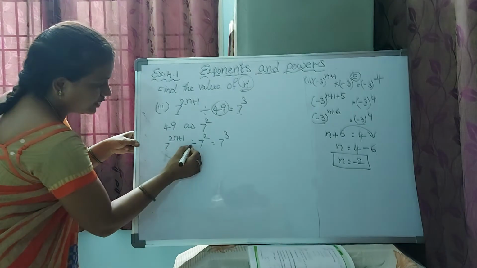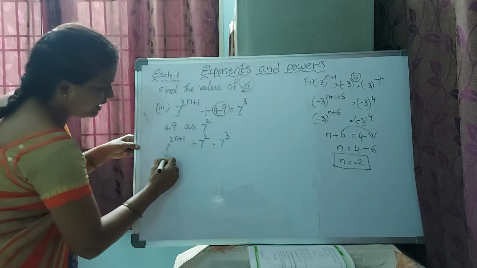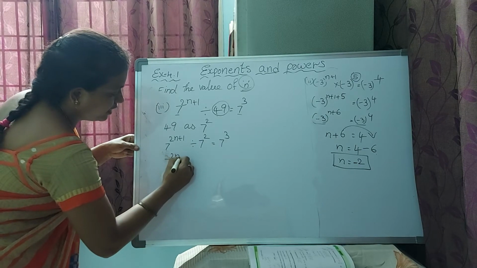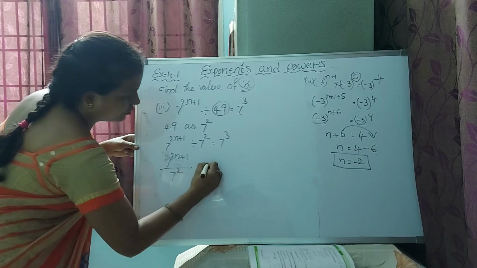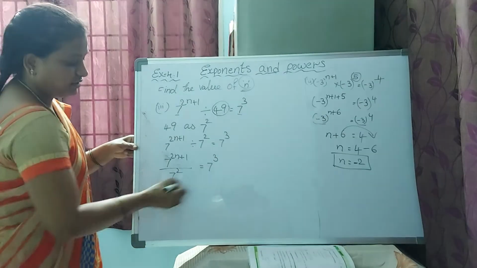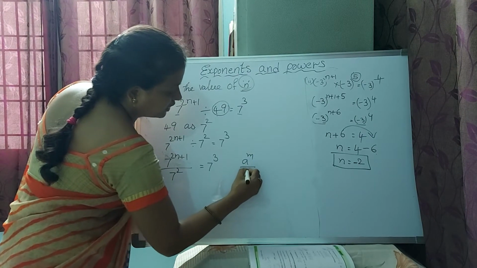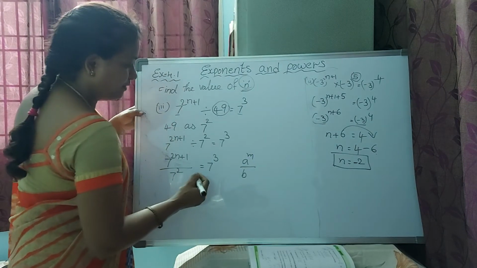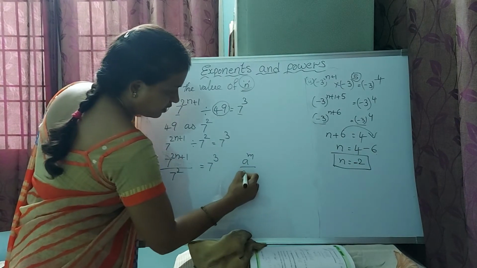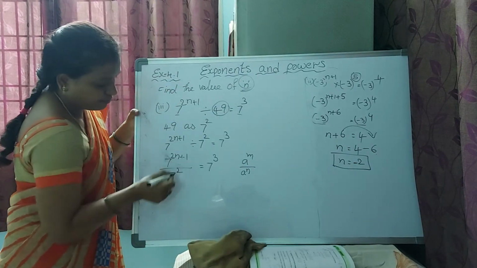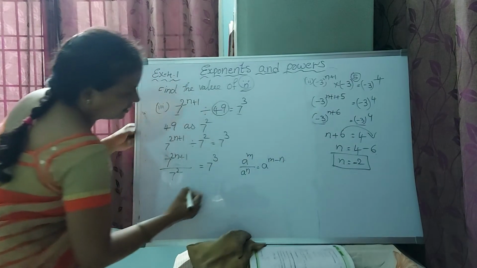So here, if you remove this symbol, what will happen? 7^(2n+1) by 7^2 is equal to 7^3. This uses a^m by a^n is equal to a^(m−n).